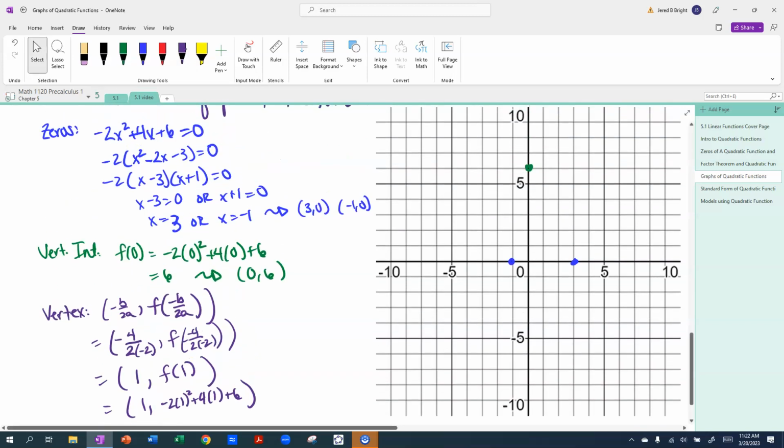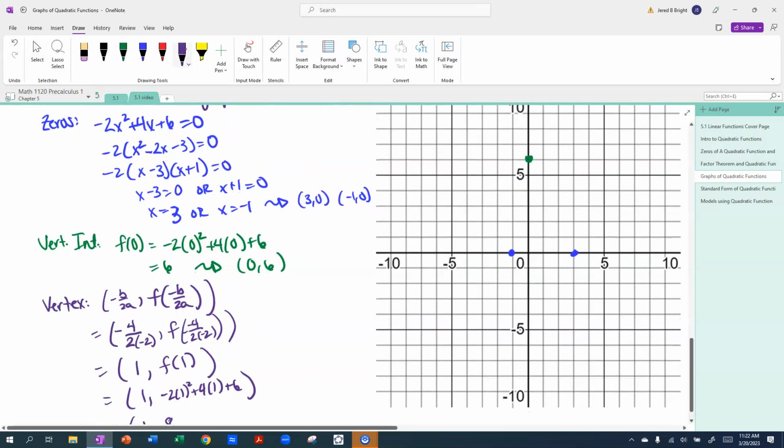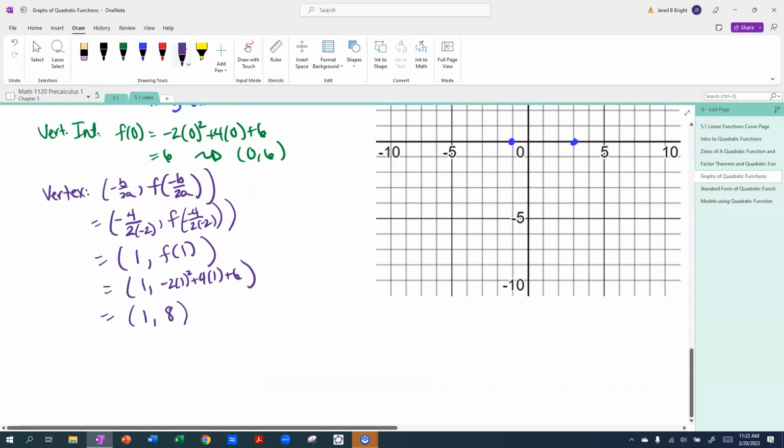So I'm going to put the vertex at (1, 8). That's 6, 7, 8 right there. And this also means that the axis of symmetry is the line x equals 1.